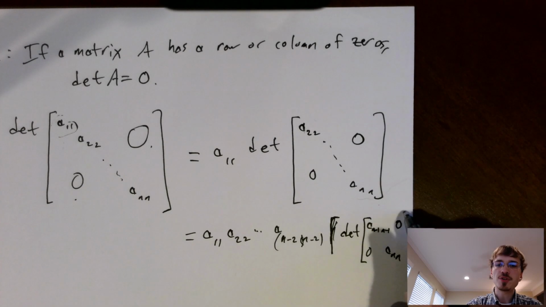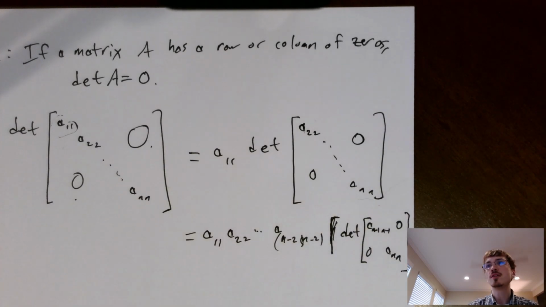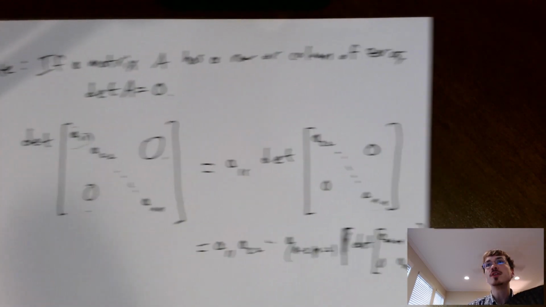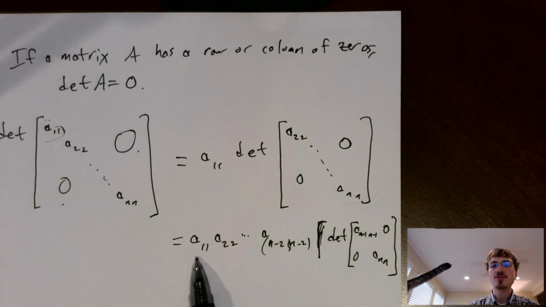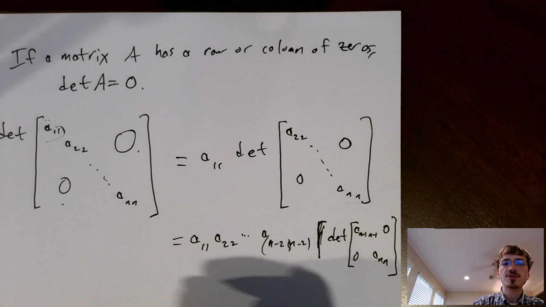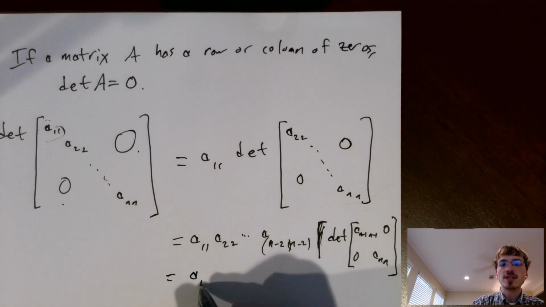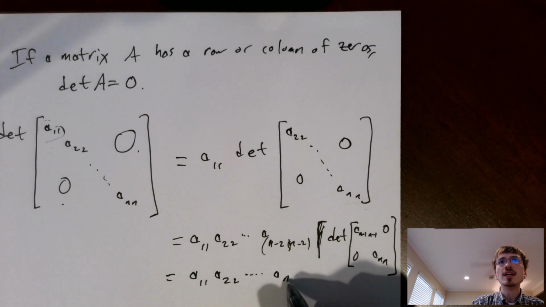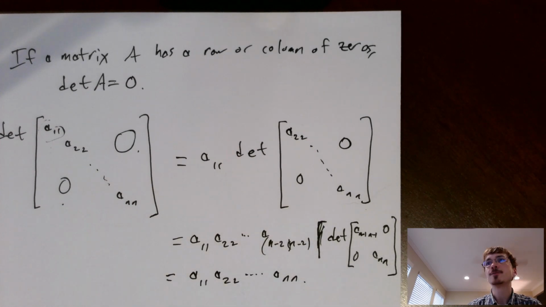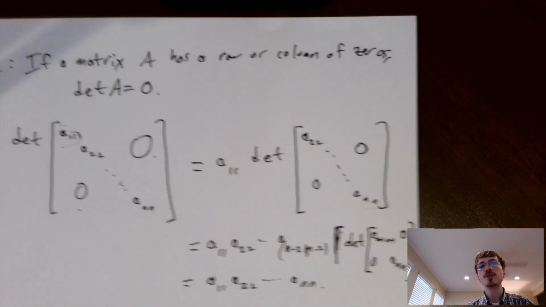And how do we compute the determinant of this matrix? It's just the product again. So what's the punchline here, guys? What's the determinant of a diagonal matrix? It's just the product of the diagonal entries. It's A11, A22, all the way down to ANN. And that's kind of nice. Let's do another example.